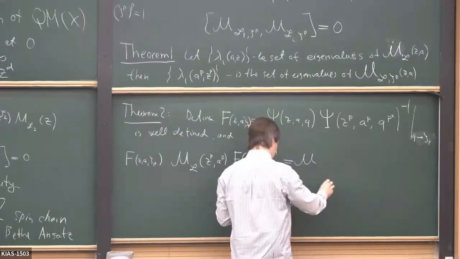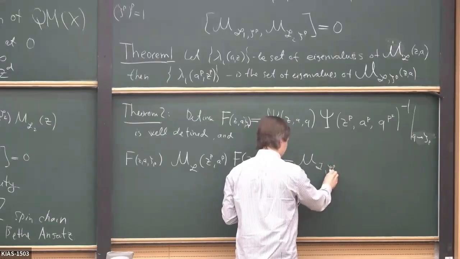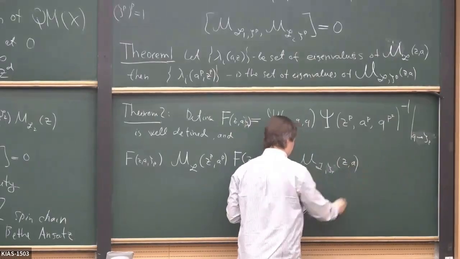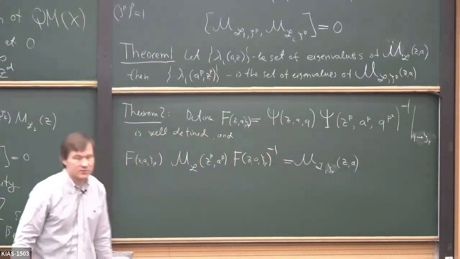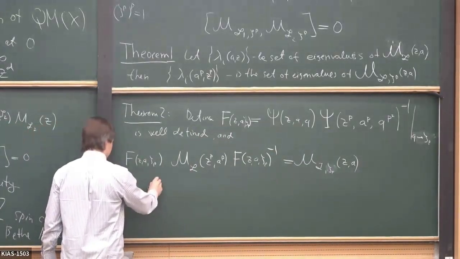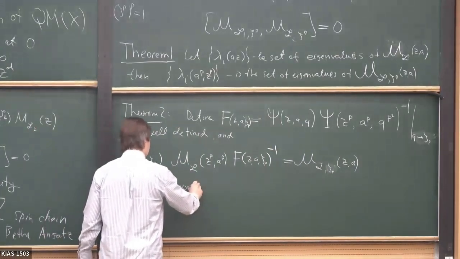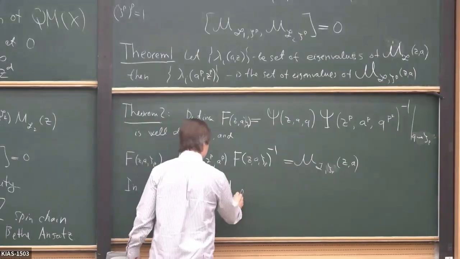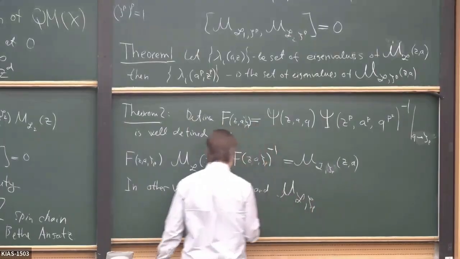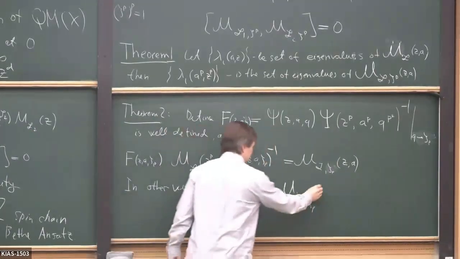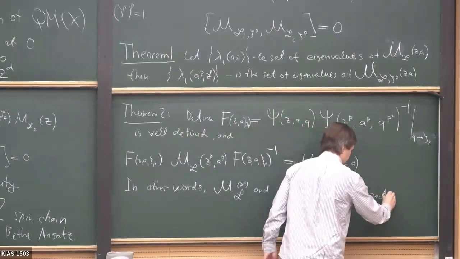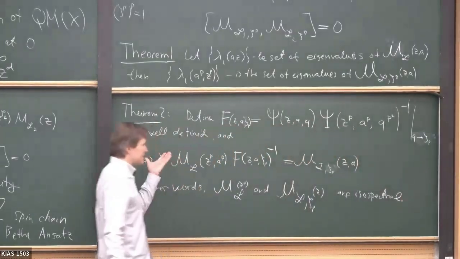You're going to get, in other words, these two operators are isospectral: ML of z to the p, and of z. So there's an explicit similarity transformation.